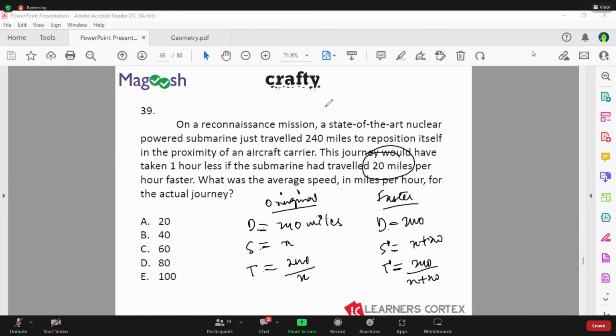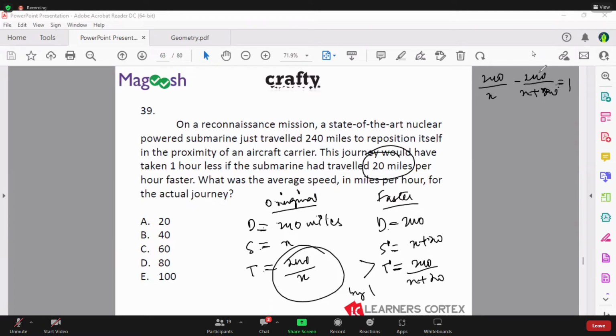Now, it is given that the new time would have been 1 hour less than this time. So 240 over x minus 240 over x plus 20 would give us the difference of 1 hour.